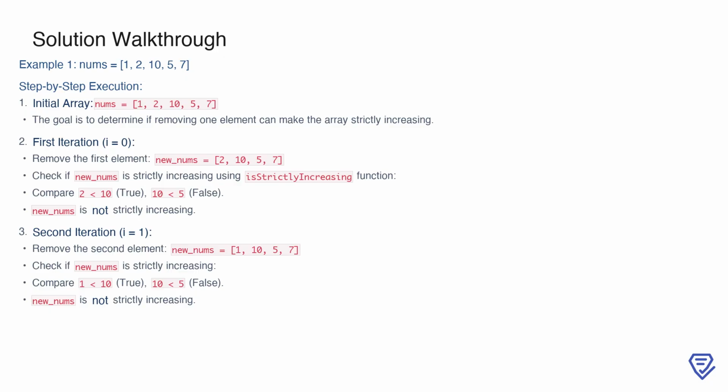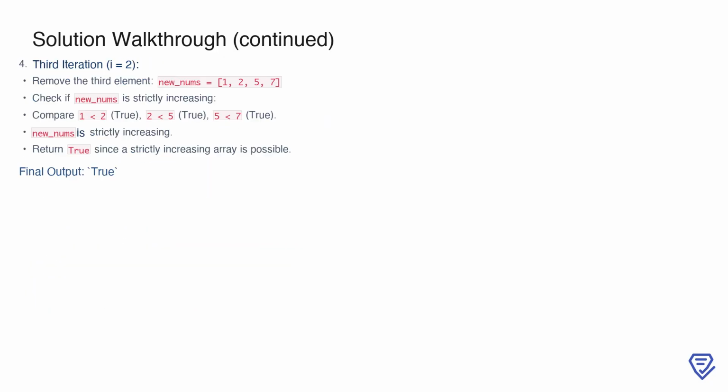Next, we remove the element at index 1, which is 2, resulting in 1, 10, 5, 7. Again, we check the condition. While 1 is less than 10, the comparison between 10 and 5 fails, so this array is also not strictly increasing. Now, for the third iteration, we remove the element at index 2, which is 10. This creates the array 1, 2, 5, 7.